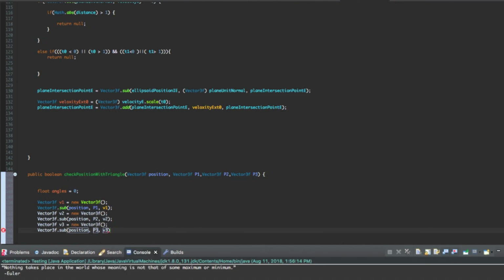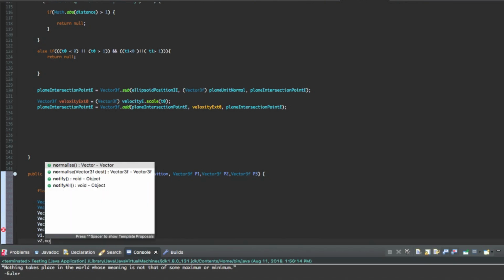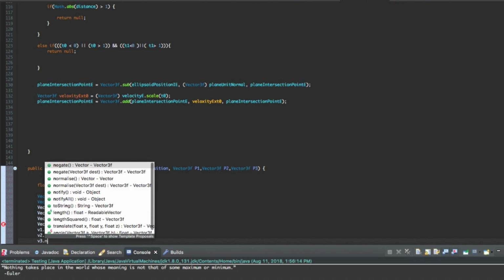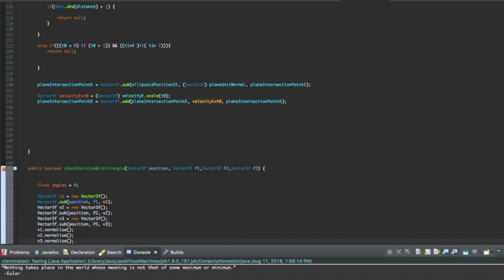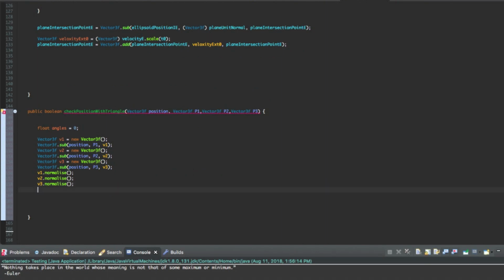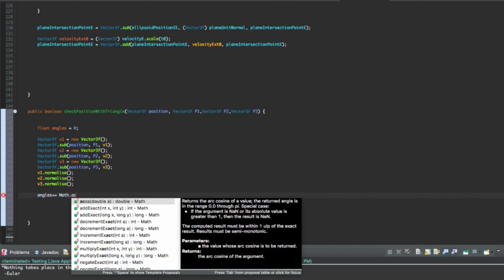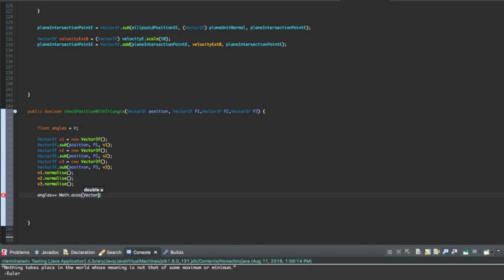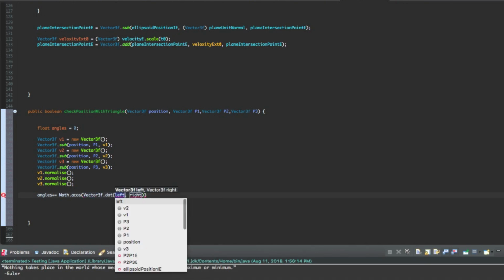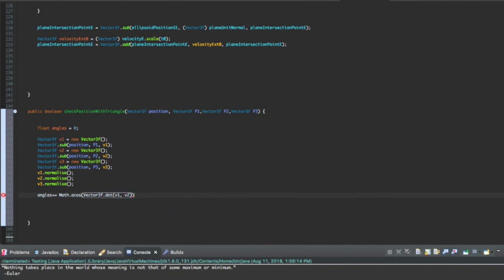Alright, so now we have all of the vectors that we are going to take the dot products between. But first we have to normalize them and make their magnitude 1. And then we'll simply loop through all of these and increase our angles by the arc cosine of the dot product of, so for this one we'll do V1 and V2, and then we'll do the exact same thing again.